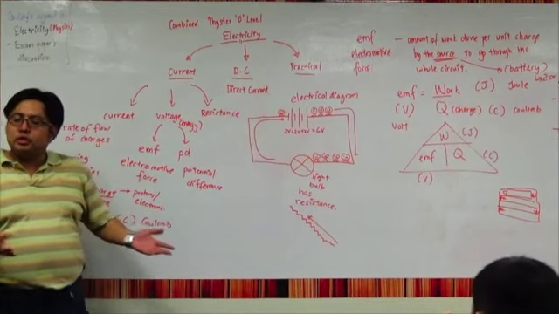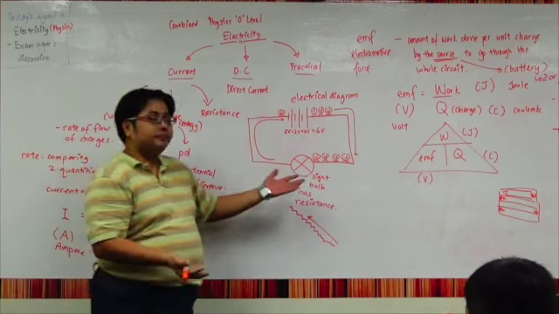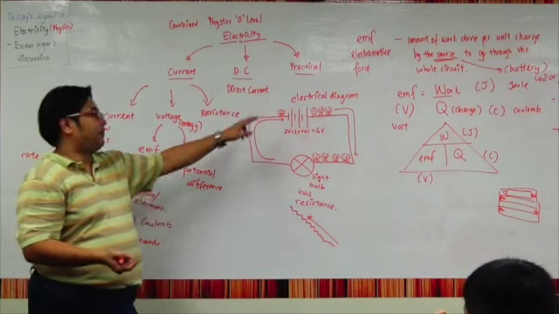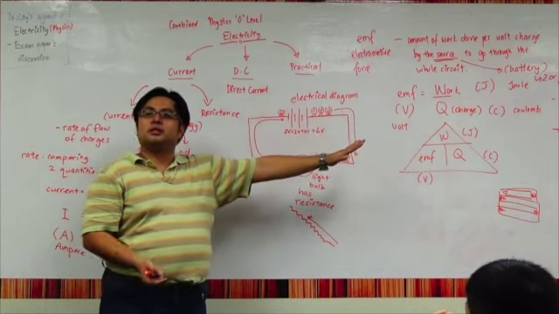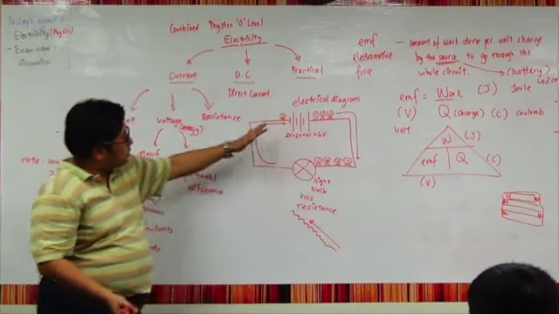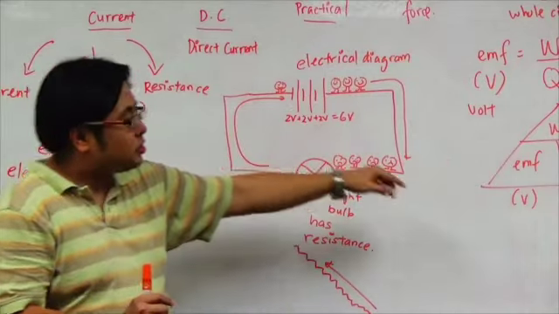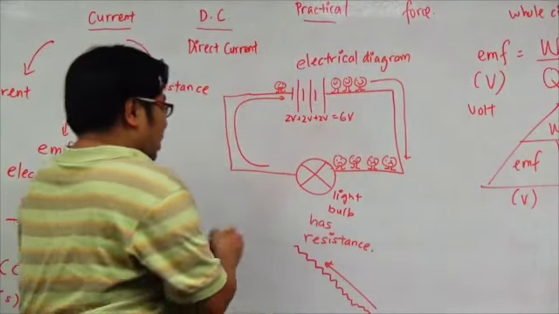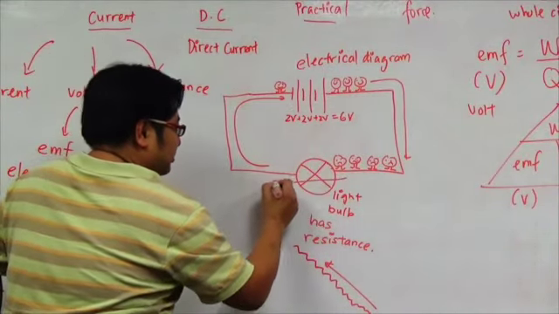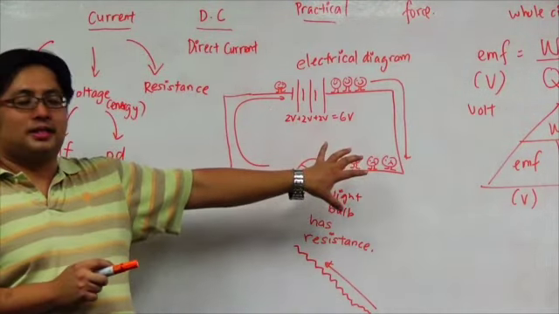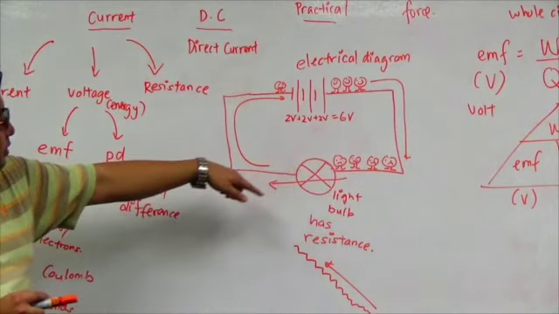Because they need to do work. But where does the energy come from? Who gives them the energy? The battery. The battery will say, don't worry, I will give you energy so that every one of you can pass through. When they do work, then only can they pass through.